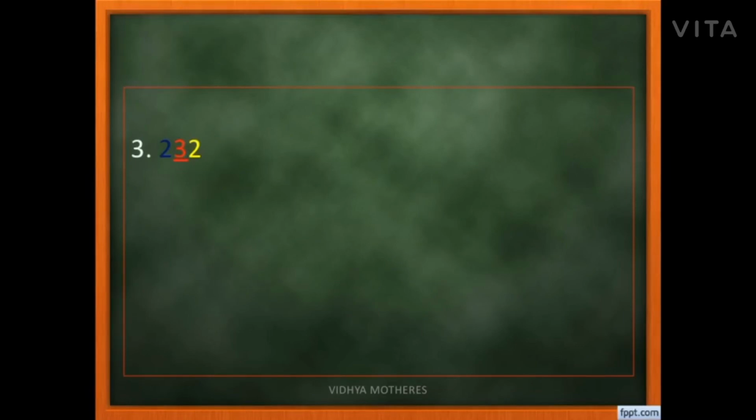Next example, 232. In the previous examples, we found the place values for all the digits. In this example, we are going to find the place value for only the underlined digit, which is 3. So how many digits are there? 3 digits. How many places should we assign? 3 places. What are the 3 places?